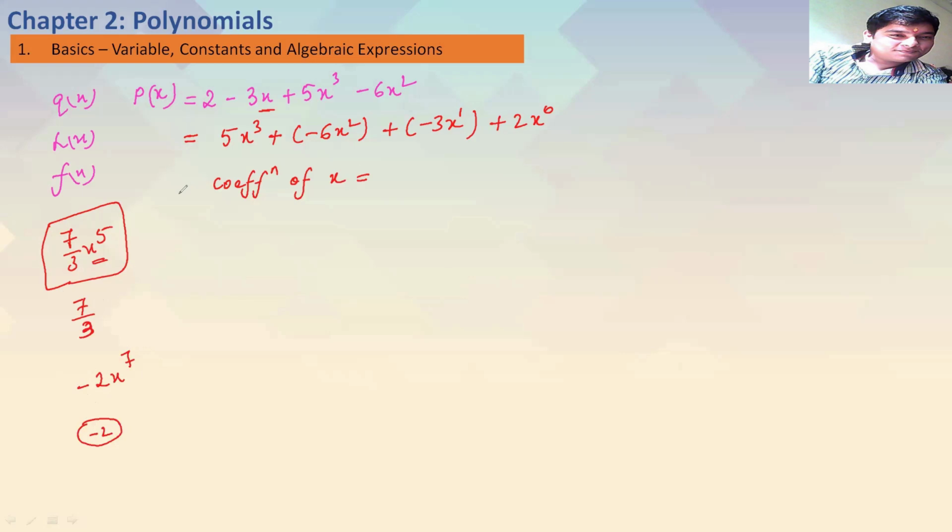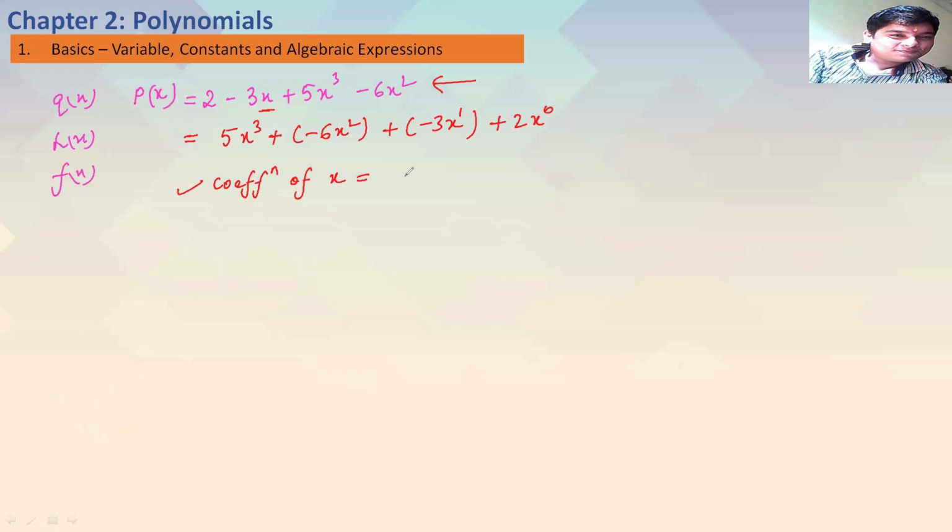So what do you think will be the coefficient of x in this? Forget about the 7 by 3. X has many coefficients. I am talking about x power 1. X power 1 is present in which term? Minus 3x.